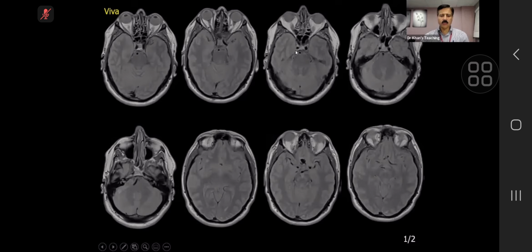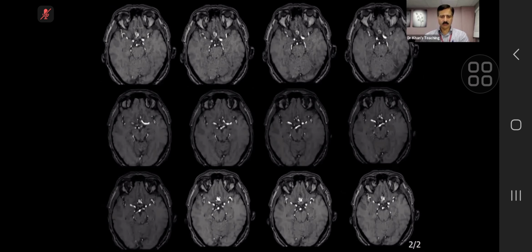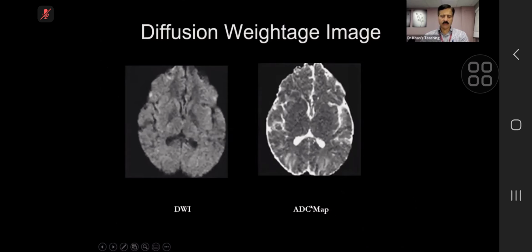Nothing more than that. A complete occlusion of the cavernous portion is an exam case. It can be seen in other sequences also, but PD is the best. Having said that, many departments now do not do PD, as I have pointed out. So this was an MRA of the same case with the same finding.